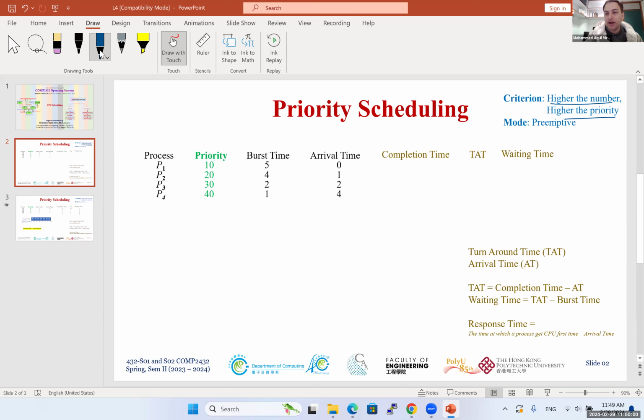So you have to always check the criteria before solving any of the numericals. And the mode is preemptive. Preemptive, as we said, means the CPU will stop the processes in between and then try to execute some priority processes. Now, in order to solve this, let's try to understand the working principle.